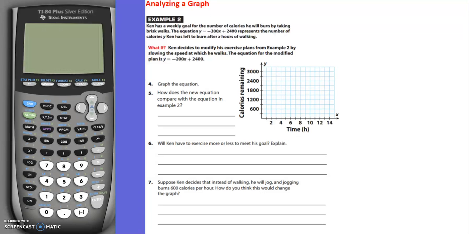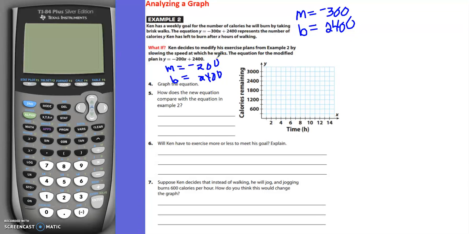The equation for the modified plan is y equals negative 200x plus 2,400. Okay, well in the first example, m is negative 300 and the slope is negative 300, the y-intercept is 2,400. In the second example, the slope is negative 200 and the y-intercept is still 2,400.